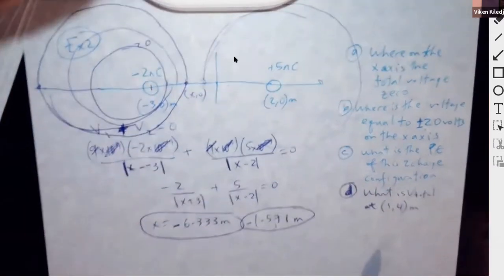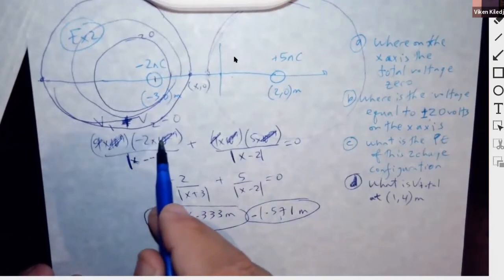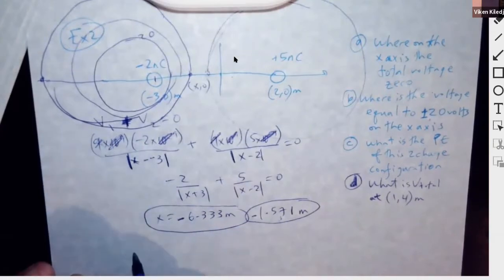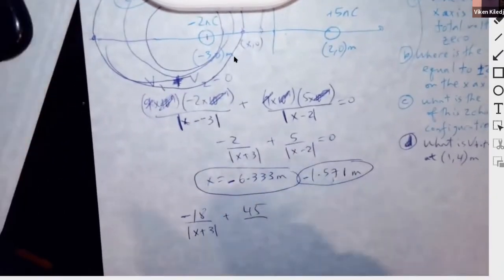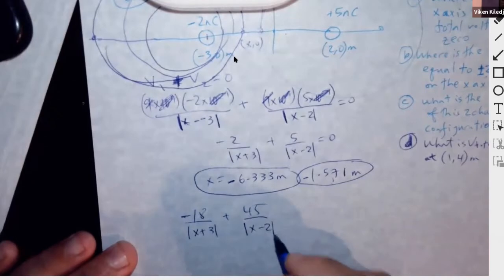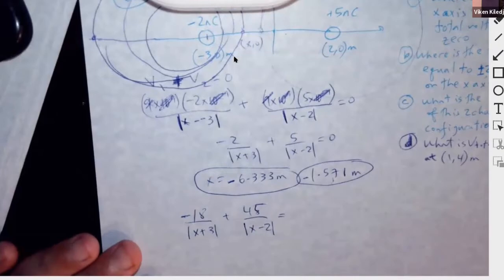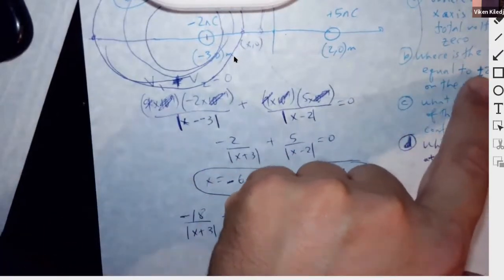Okay, so then how would we do that? So then just kind of proceed similar to this, except don't get rid of the 9. Write it as negative 18 over absolute value of x plus 3 plus 45 over absolute value of x minus 2. And then that's equal to, so then let's set it equal to negative 20, let's say.